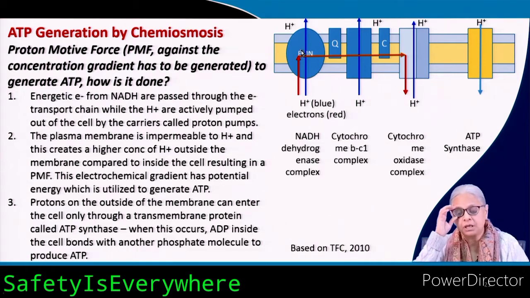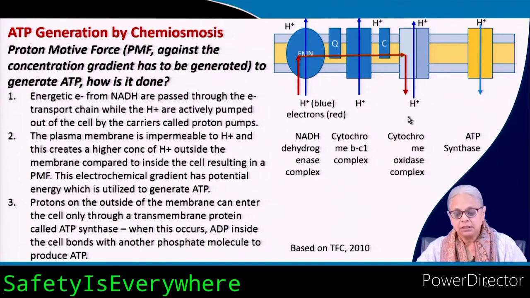They are being passed from one complex to the other, and eventually for, let's say, aerobic heterotrophic bacteria which have an organic compound as a substrate and oxygen being converted to water, in that case oxygen is the final terminal electron acceptor. It will pick up all these electrons and be converted to water.